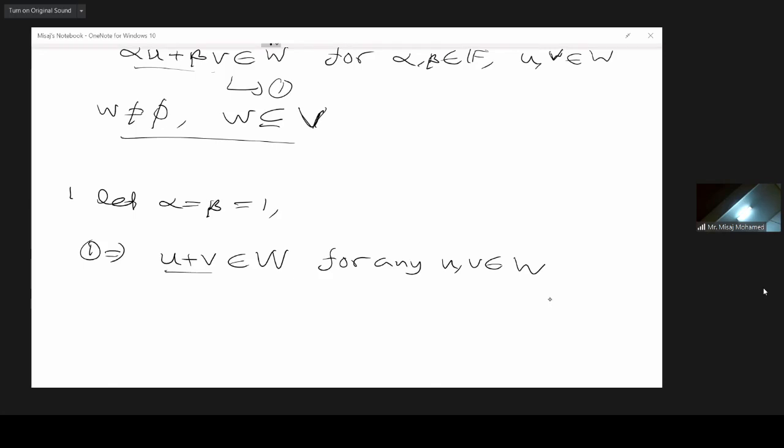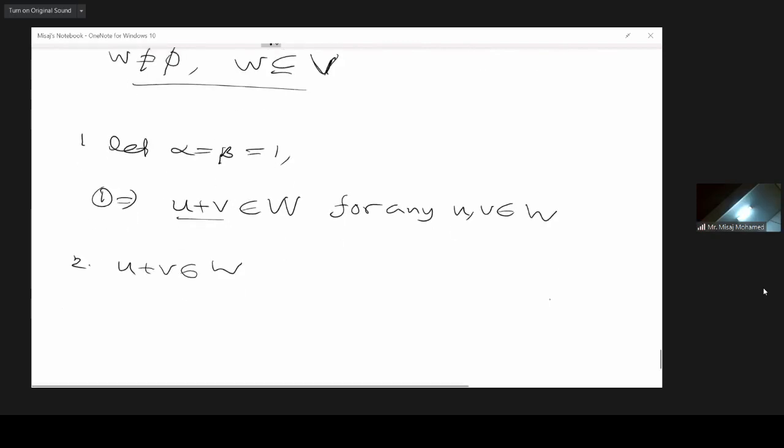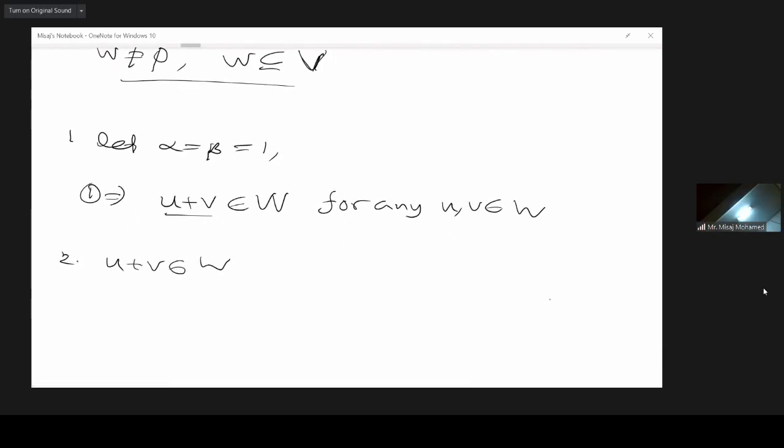Because this holds, U plus V is in W means U plus V is equal to V plus U. Why? එක reason එක කියන්න. Commutative holds. Why?